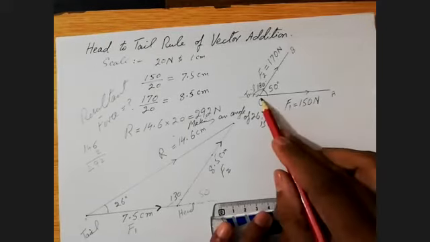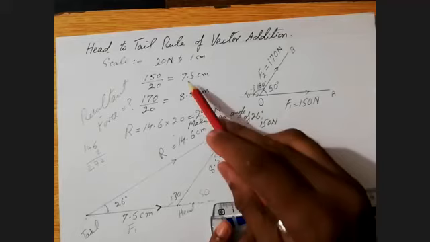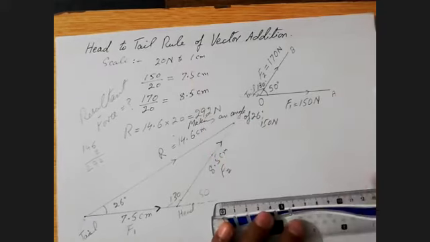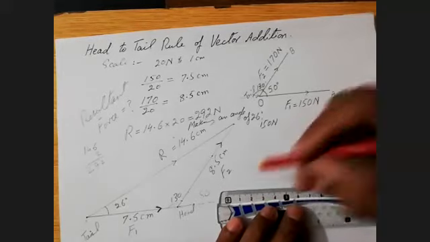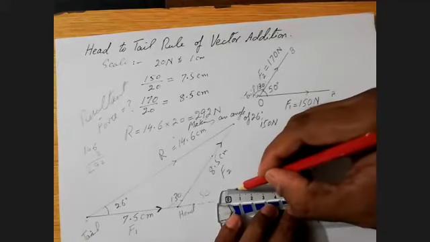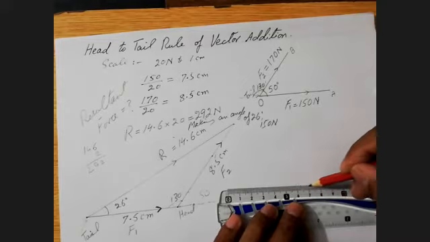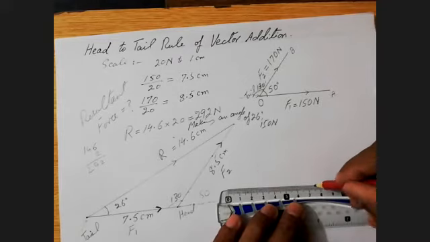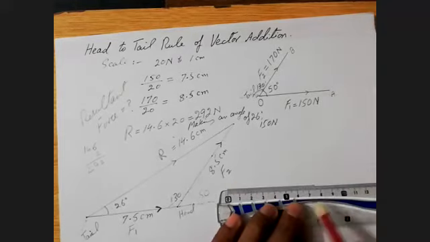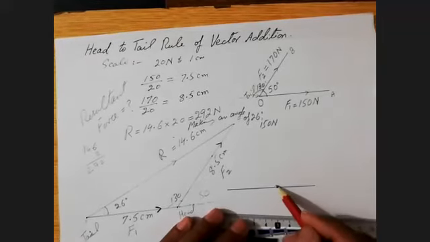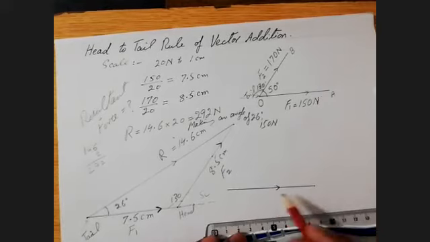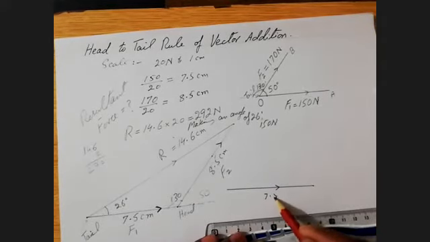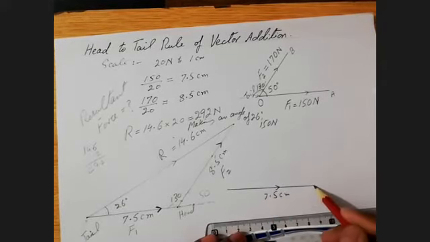First of all, I am taking the force F1, which is represented with the help of a 7.5 centimeter line. Now, here I am going to draw the line measuring 7.5 centimeters. This is my F1 force. Now, you can see that this line of 7.5 centimeters ends here.